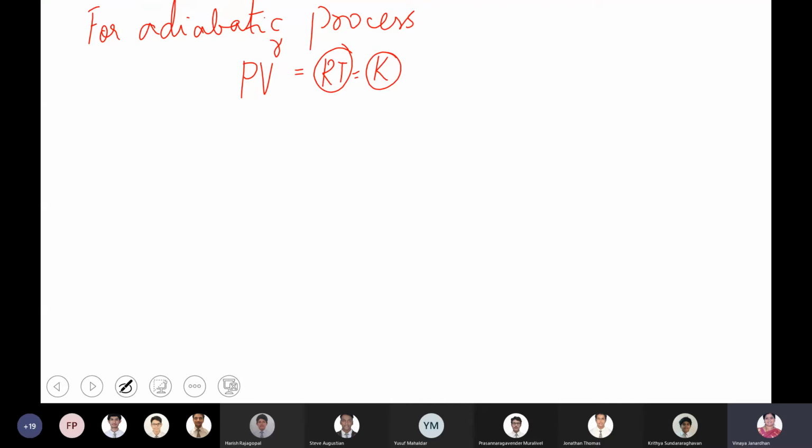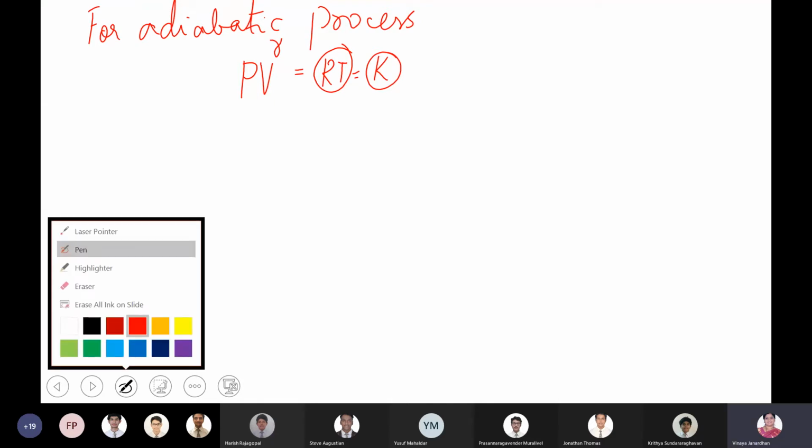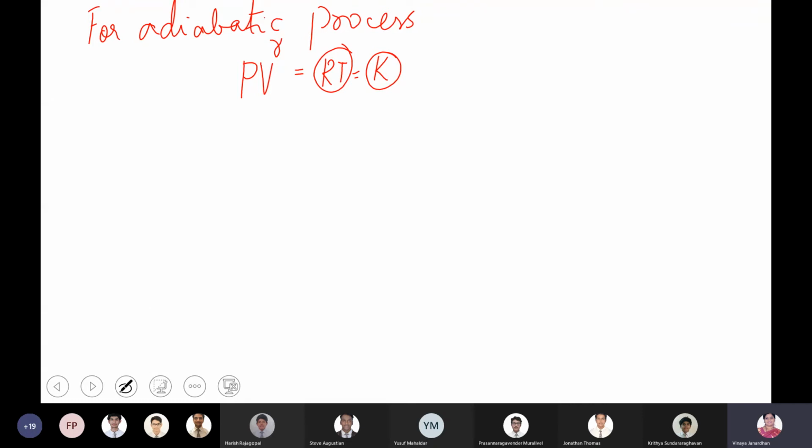Sorry, the Rydberg constant comes in electromagnetic waves. Same notations we do use. You know that R is the universal gas constant, T is the temperature. Just we'll put RT as K, otherwise not necessary to be put as K, we'll keep it as some value K. Gamma is equal to Cp by Cv.